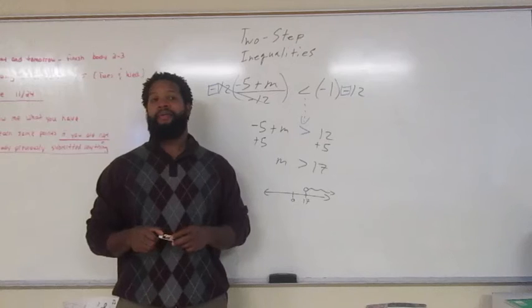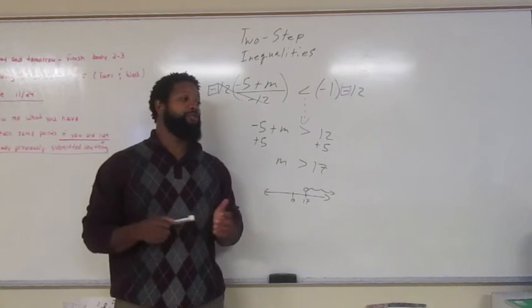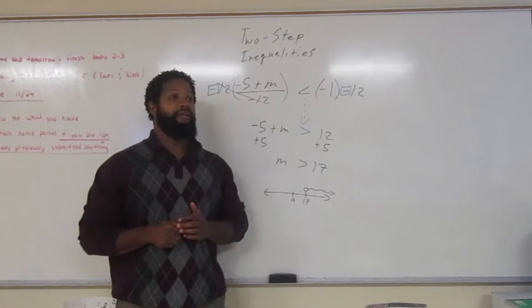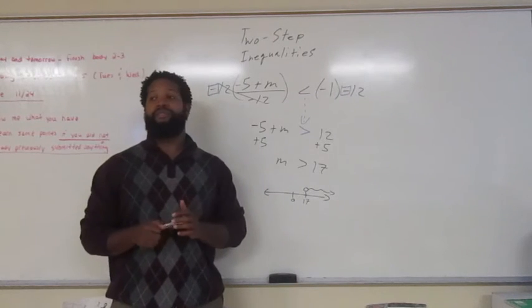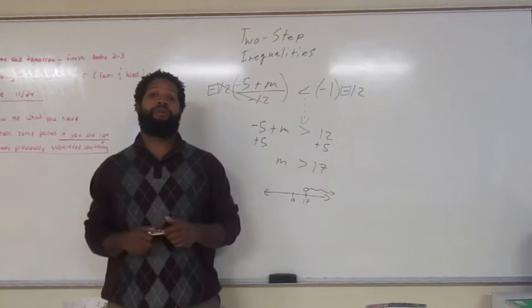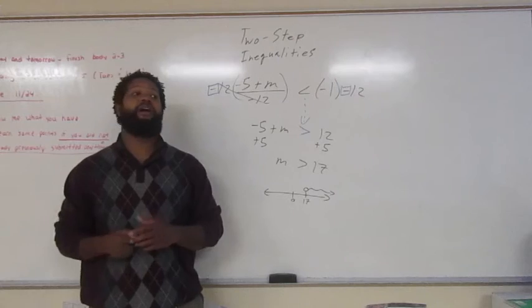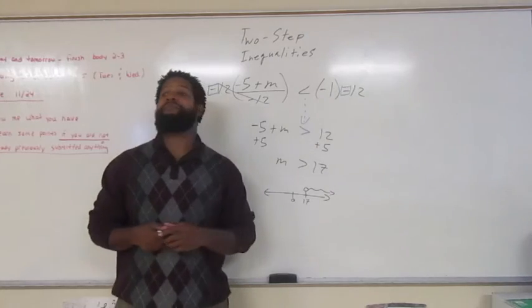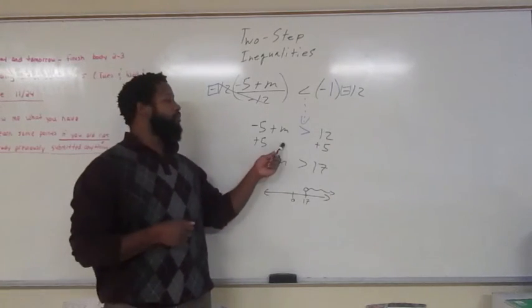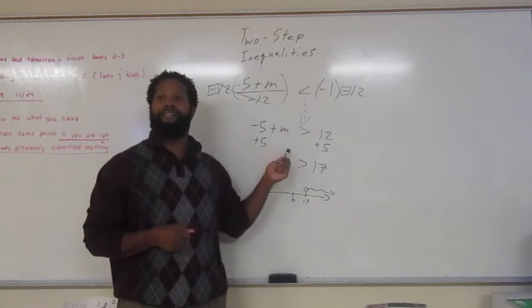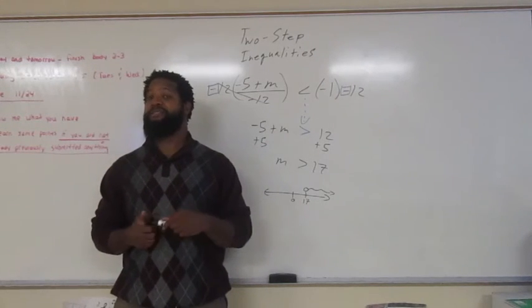Okay? This is so very important. I want you to get acclimated with this right now, because when we go to multi-steps and compounds and absolute values, this rule still applies to inequalities, okay? It still applies.